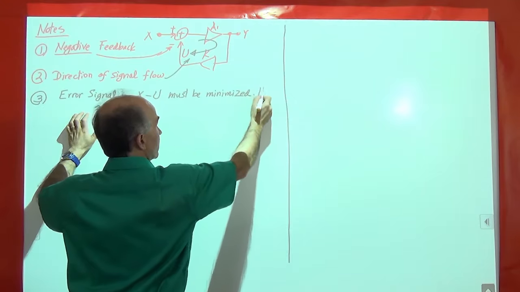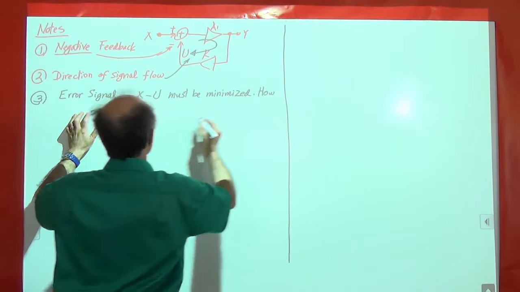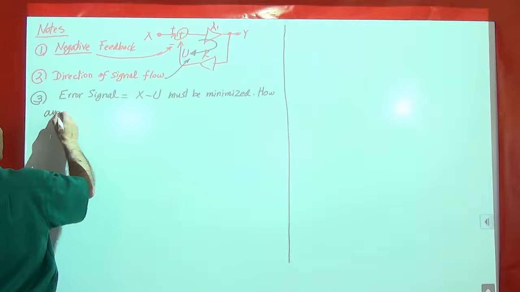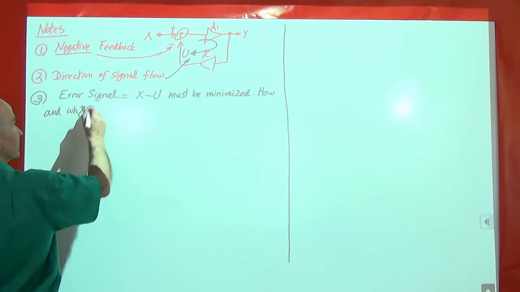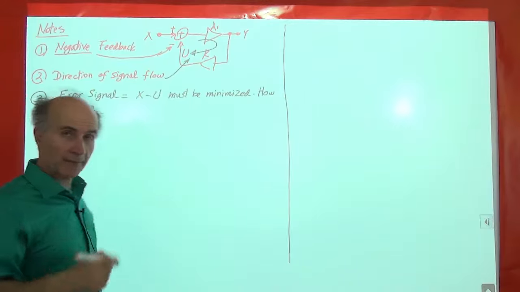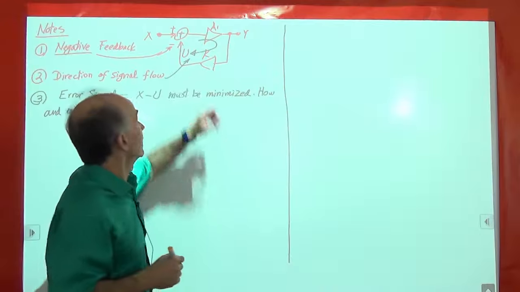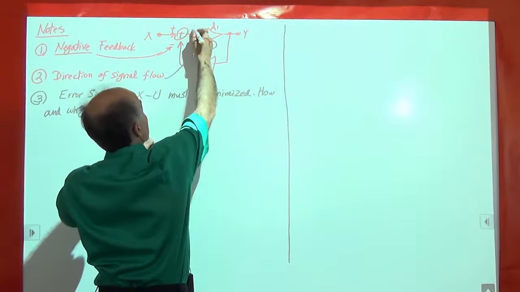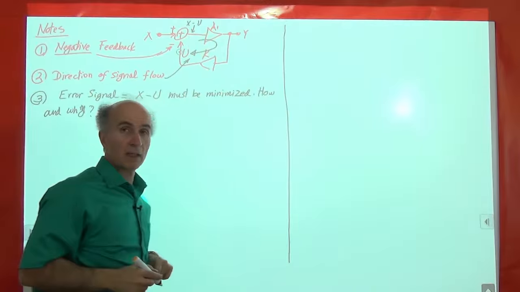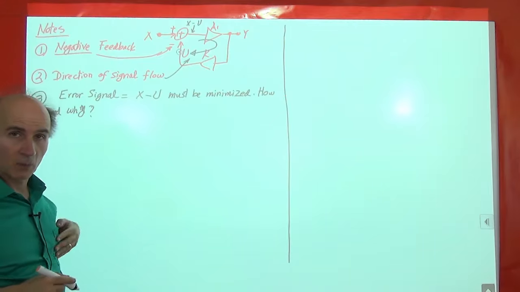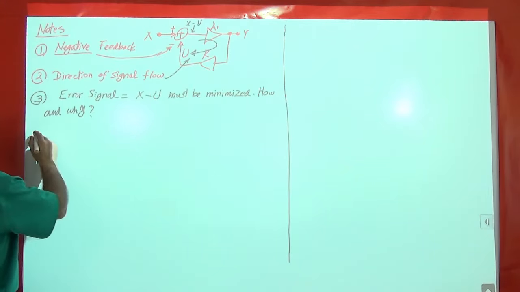And of course the question is how and why, right? How and why, or why and how. Okay, these are questions that we will have to answer later. But this error here, so that's X minus U, right? We want to minimize this error here, so we'll have to see why and how.